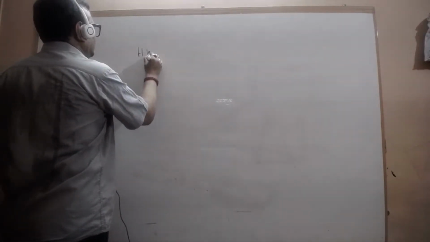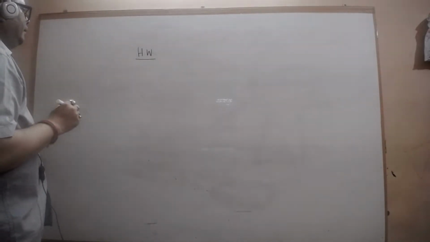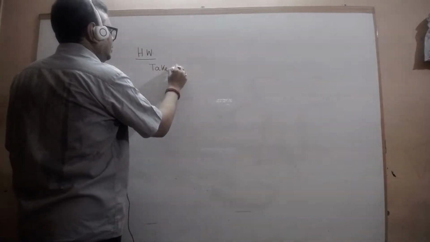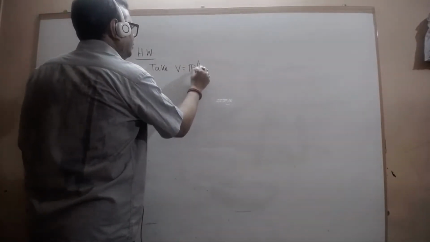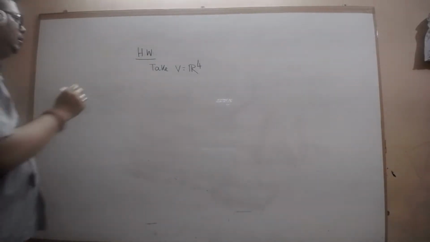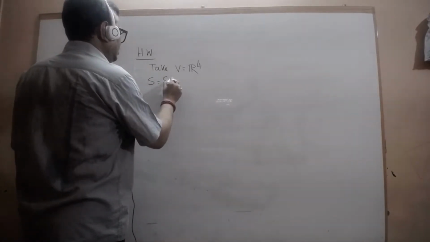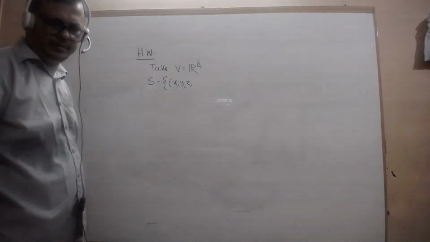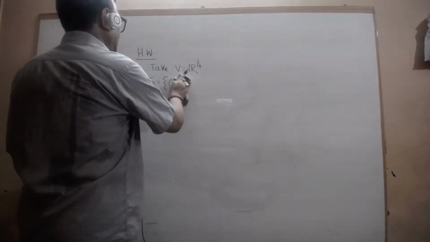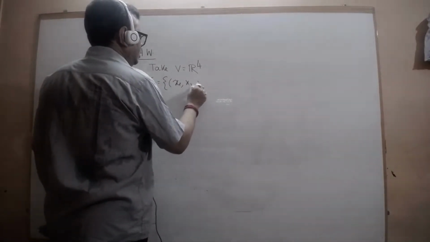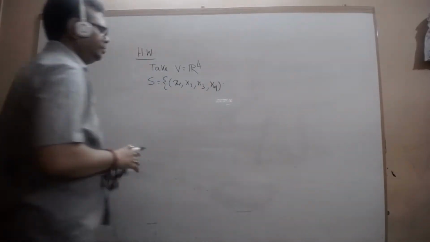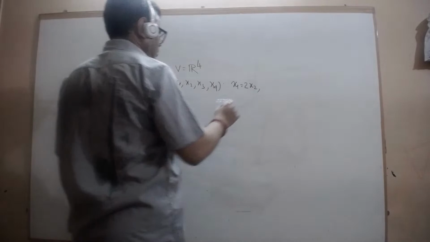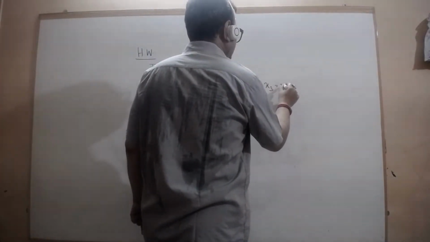Homework. Take V equal to R4. S is equal to the collection of vectors x1, x2, x3, x4 such that x1 equal to 2x2, x3 equal to 2x4.